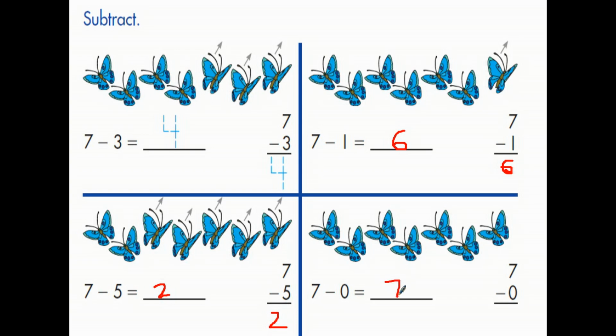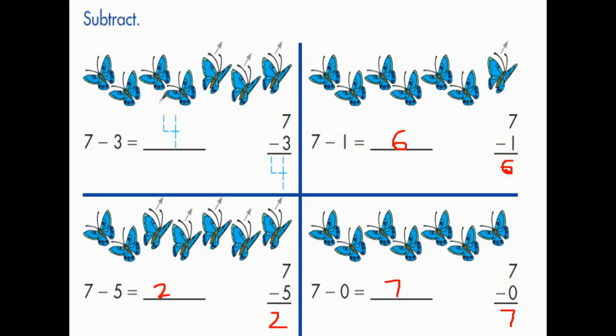Here, 7. Subtracting and adding 0 to any number doesn't change the result. Again here, to subtract, you can subtract 2.